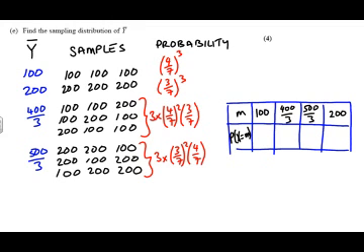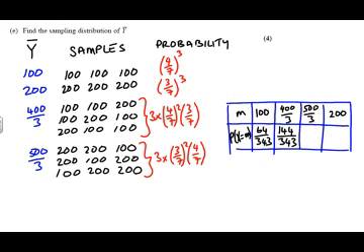So the probability that the mean equals 100. If we work that out on our calculator, we get 64 over 343. So that was 4 over 7 cubed. Probability of a mean of 400 over 3. That's 3 times 4 over 7 squared times 3 over 7. That leaves us with 144 over 343.